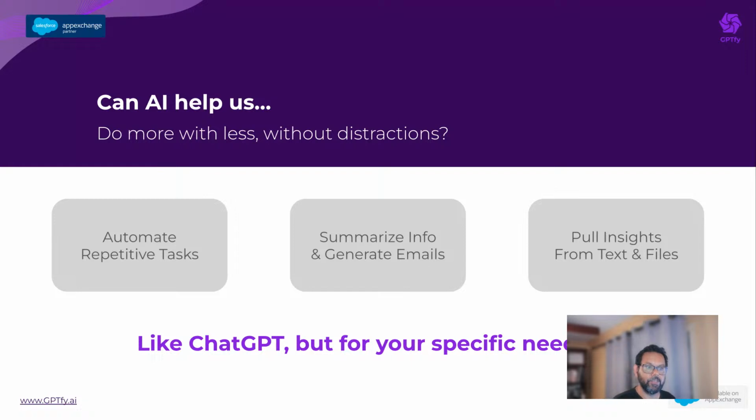The second part of this is, because support is so much about automation of repetitive tasks, AI can actually be a really competitive advantage to lower the cost and still raise the bar on experience. But you have to really think deeply about how you would do it. And the third part of this is, an average support rep is overwhelmed with notifications, messaging, 15 different places they have to go to get content. How do you look at AI and try to utilize it to do more with less without distraction?